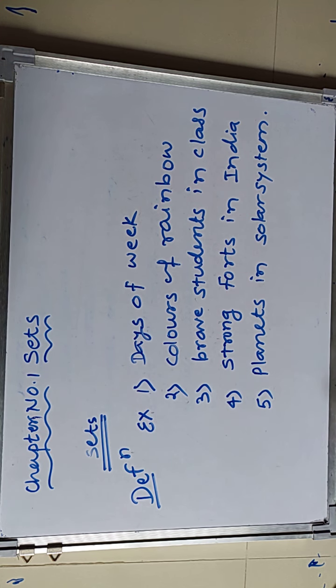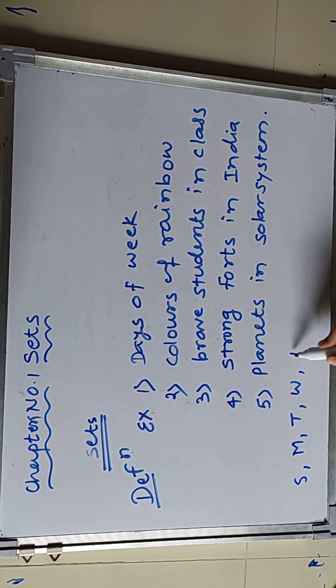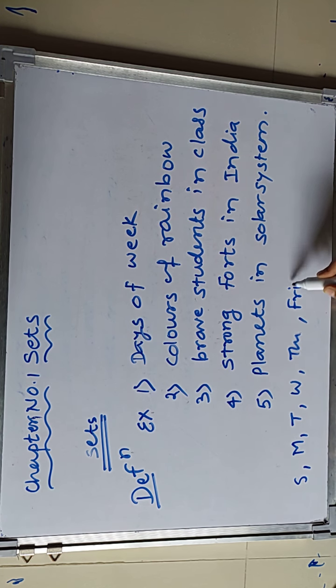Now, what is a set? According to these examples, we have to define the set. Days of the week. Here, which are the days? Sunday, Monday, Tuesday, Wednesday, Thursday, Friday, and Saturday.